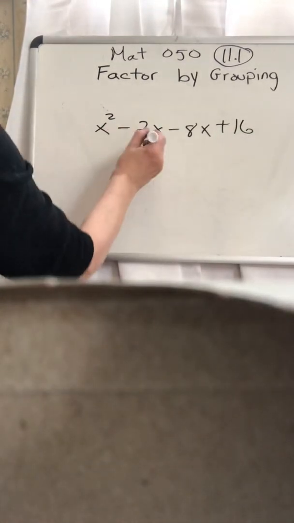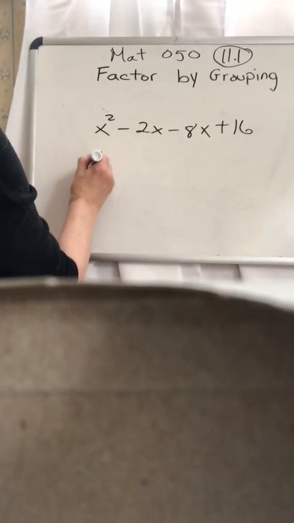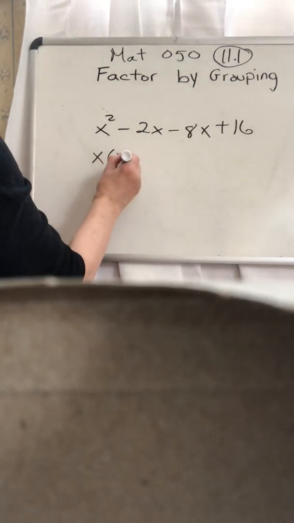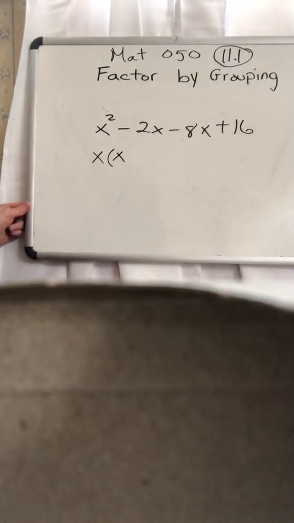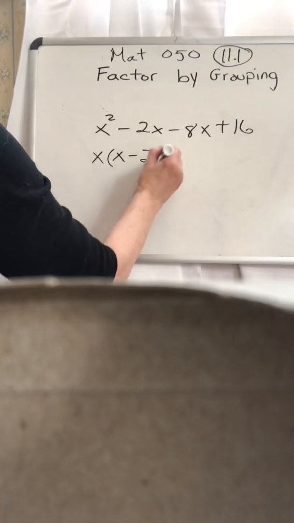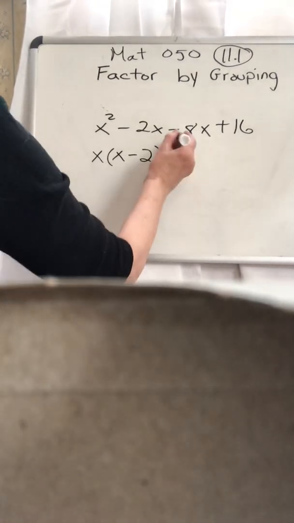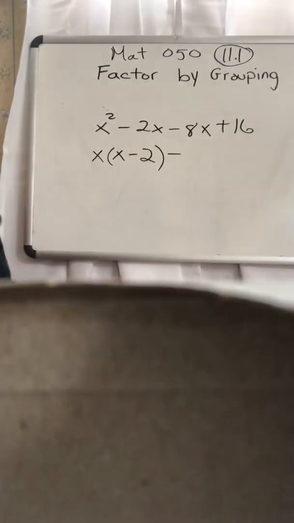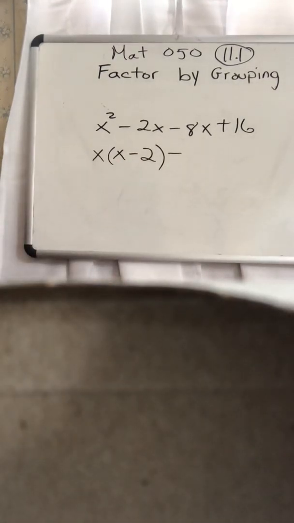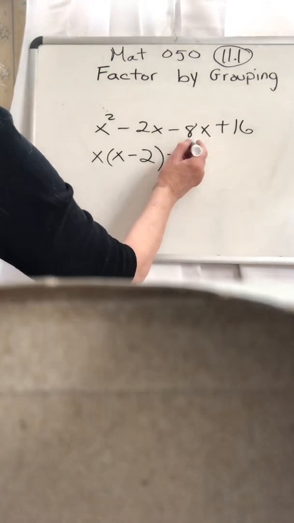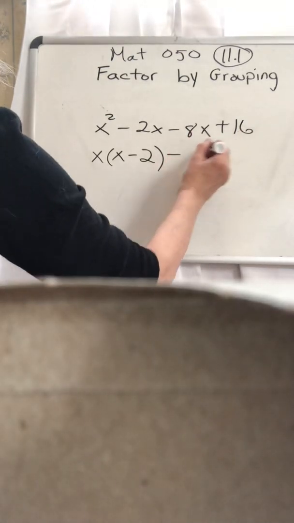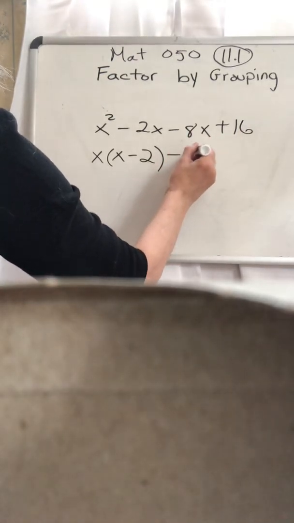So you look at the first two terms and they have a common x. So x times x gives me x squared, and then we've got a minus 2. There's a minus sign here, so I'm going to put that between the two parentheses. We've got a -8 and 16, so 8 would be the common factor.